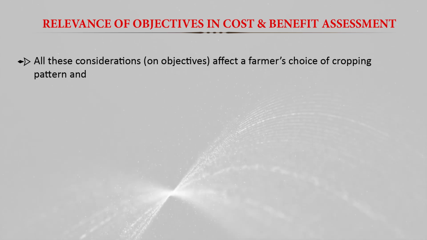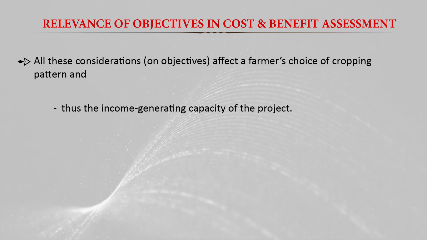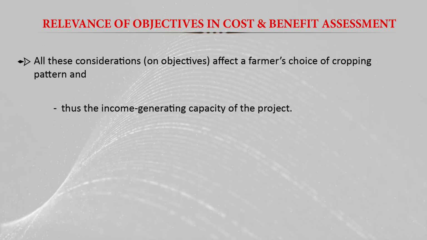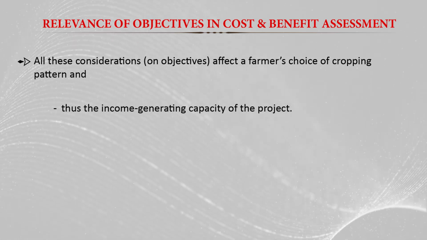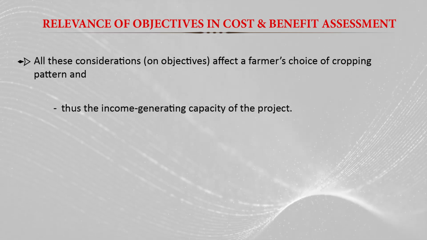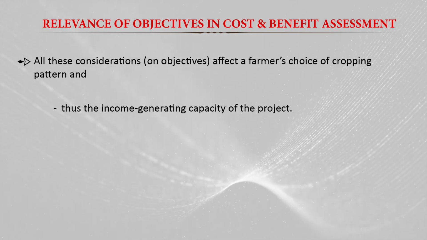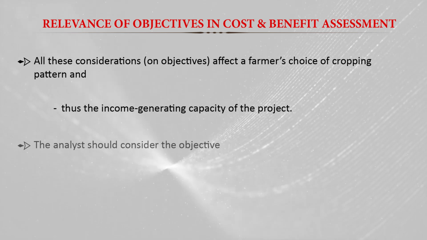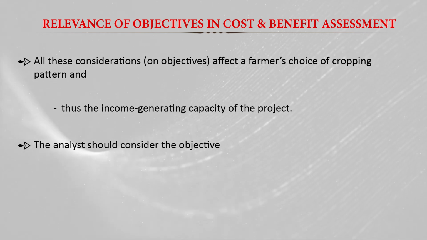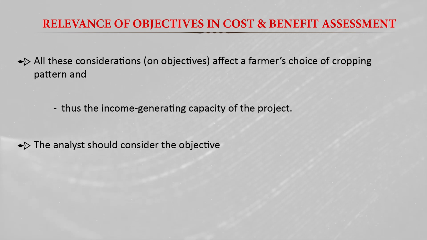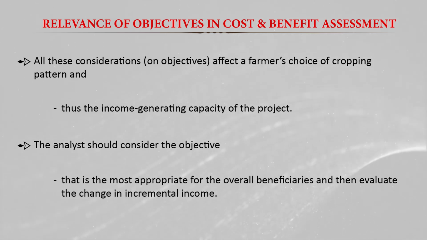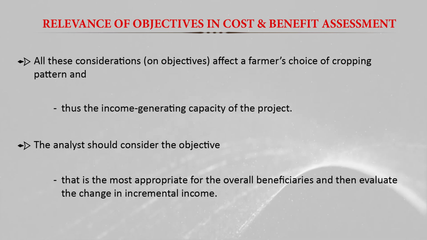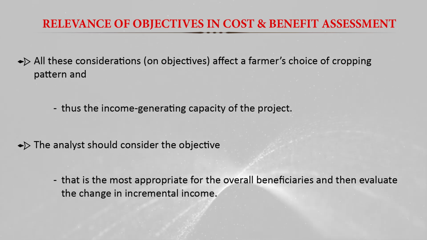And so actually these objectives are basically the income generating capacity of the project. So it depends upon the objective of the persons, the project, the farmer, the company or firm. The analyst should consider these objectives while assessing the project cost and benefit, choose what is most appropriate for the overall beneficiaries, and then evaluate the change in incremental income.